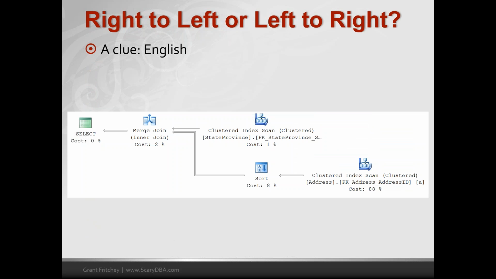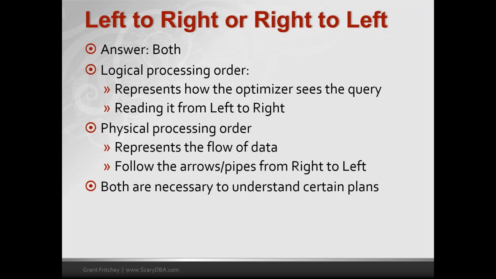So probably the way that they intended execution plans to be read is left to right. However, we have another clue, and that's those little arrows moving over from right to left. And so the question still remains, are we going left to right or right to left? I don't know. Answer is, of course, both.